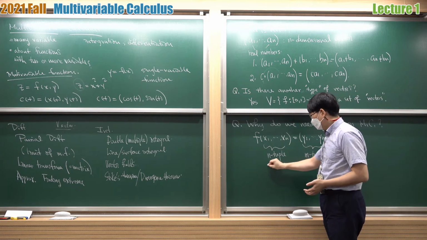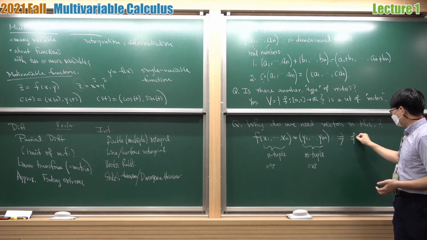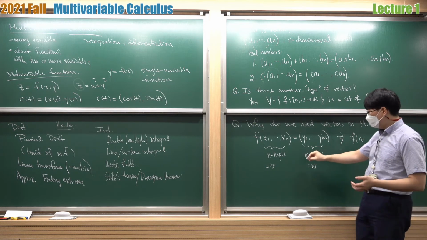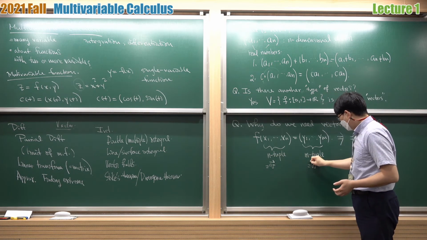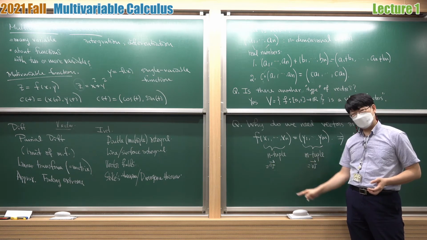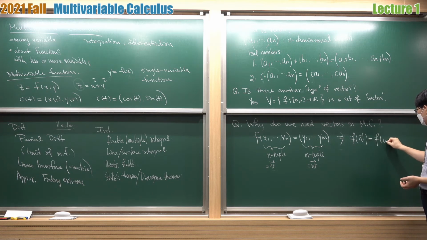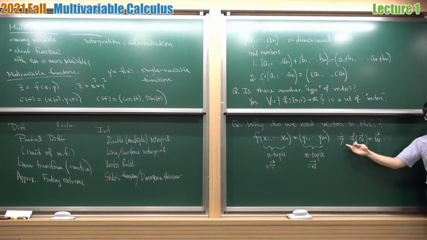Let's say this is called V, and this is called W. So I can rewrite this as f of V. Let me put it in vector notation here. The arrow above the symbol means that it's considered as a vector. Basically, I can rewrite my multivariable function as a function sending a vector to another vector. The dimensions of these two vectors are different, but they are just vectors.